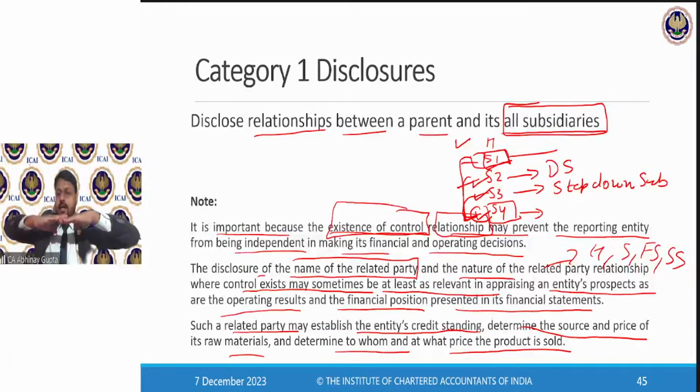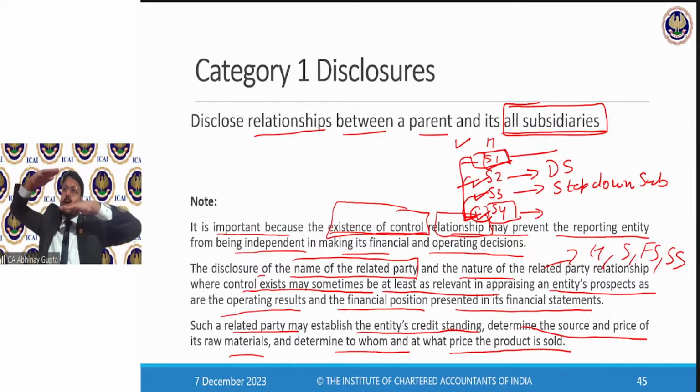And for this entity, my parent company needs to be disclosed and the ultimate parent company needs to be disclosed, right? So parent and the ultimate parent. If my parent is not preparing the consolidated financial statements, then the immediate next senior parent, which is preparing the consolidated financial statement, that also needs to be disclosed, right?